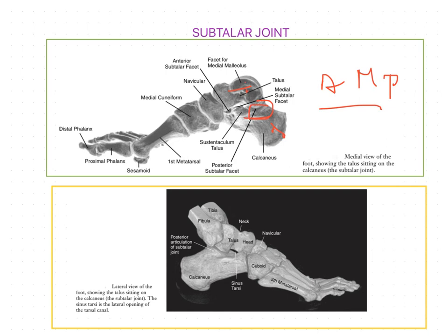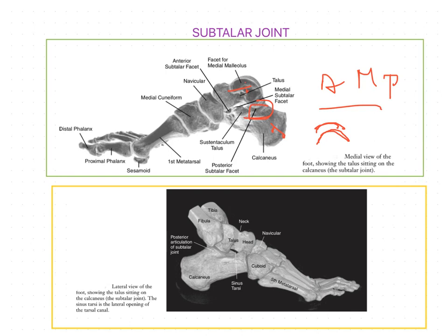Very important, just focus on this. The talus has a concave facet posteriorly on its underside, and it articulates with a convex facet of the calcaneum. That is the posterior articulation.